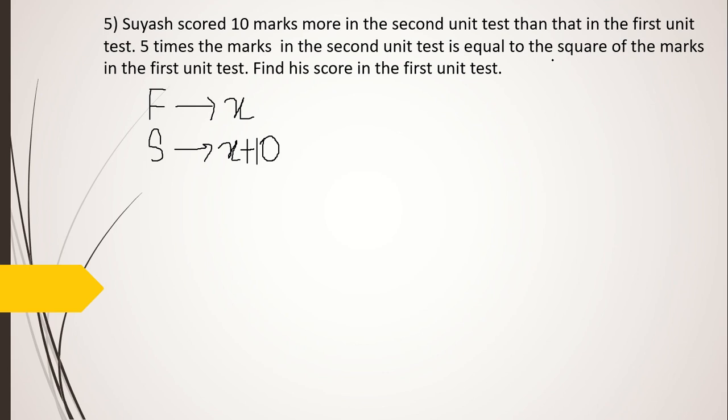Now the next condition, 5 times the marks in the second unit test. 5 times means multiply by 5. 5 times the marks in the second unit test is equal to square of the marks in the first unit test. Find his score in the first unit test.